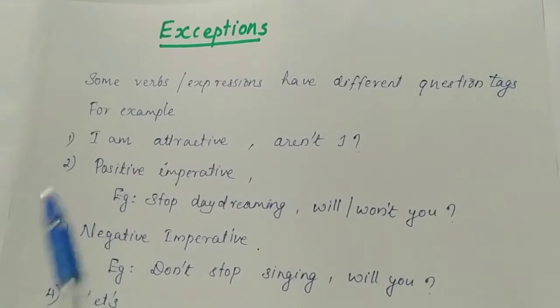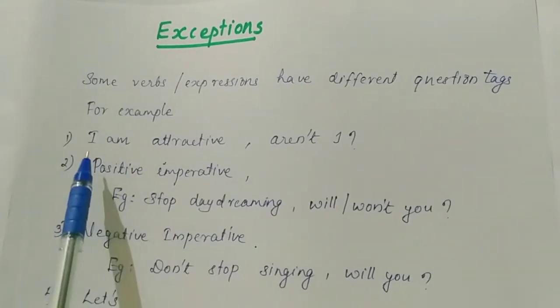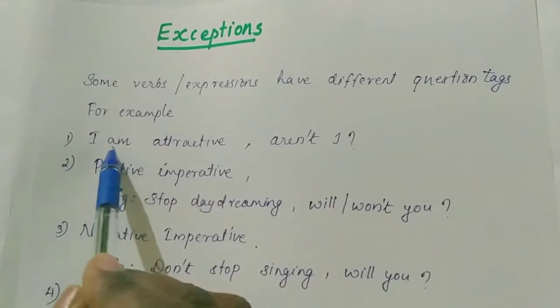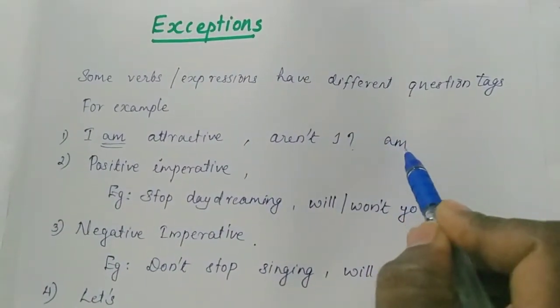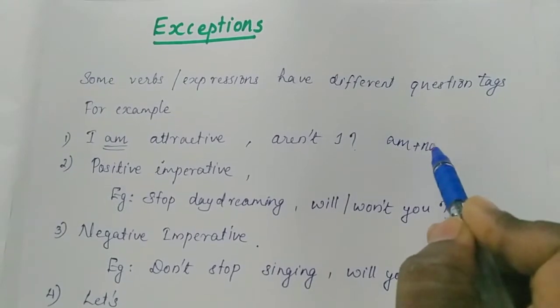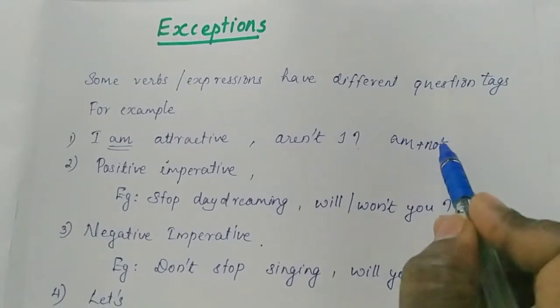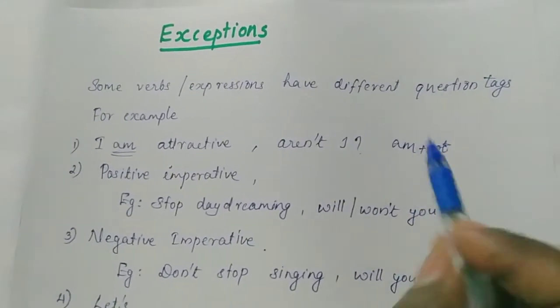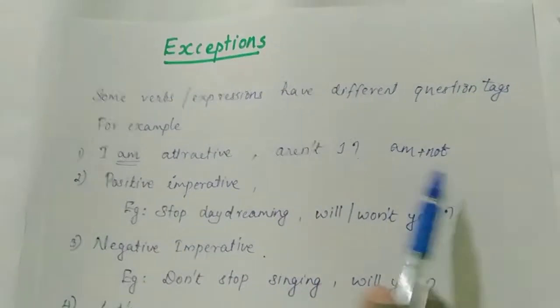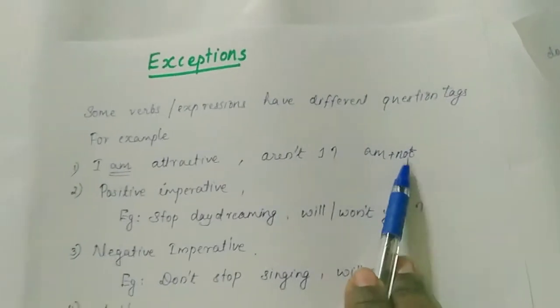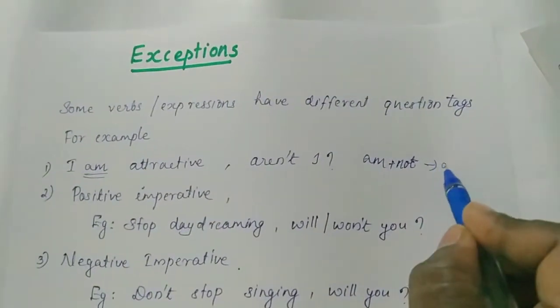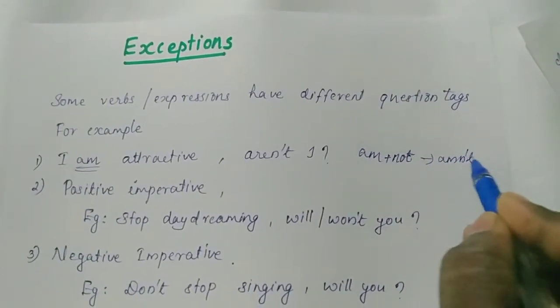For example, I am attractive. In this sentence, what is the auxiliary form? Am. And as I have told you, if an auxiliary form is there, we have to make a negative question tag by adding or removing not. Here this is a positive statement, so we will add not with the auxiliary form. Am plus not is not amn't; amn't is wrong.